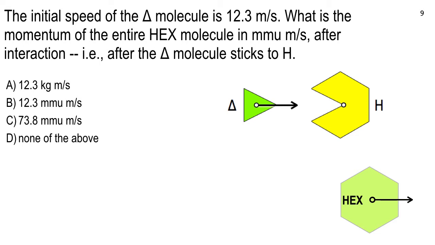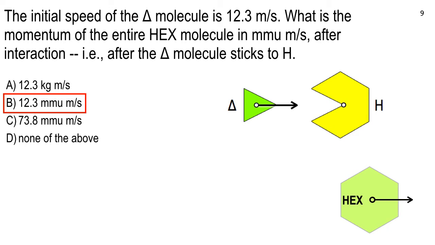So we have to talk about that, because the correct answer is actually 12.3. The reason it's 12.3 is conservation of momentum. The momentum of the delta particle comprises all the momentum of the entire interacting system, because the other part of the interacting system, the H molecule, is at rest. That's like 5 boxcars at rest.